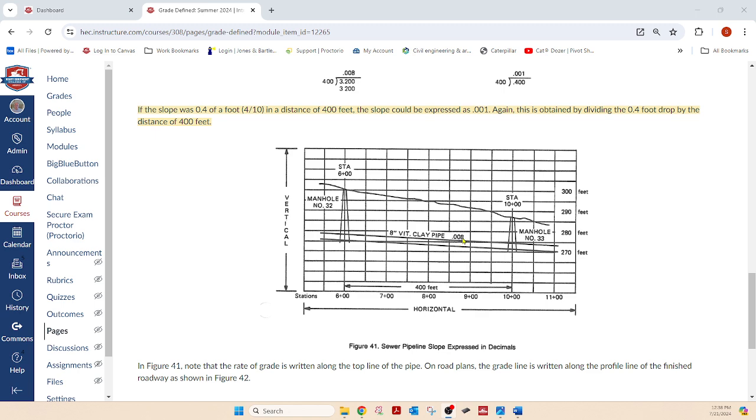If you want to know what percent that is, multiply that times 100, and you will get 0.8%. But let me tell you something. When we start calculating, we change our percent to decimal form because it's hard to multiply 5% times anything. So we change 5% to decimal, which would be 0.05.